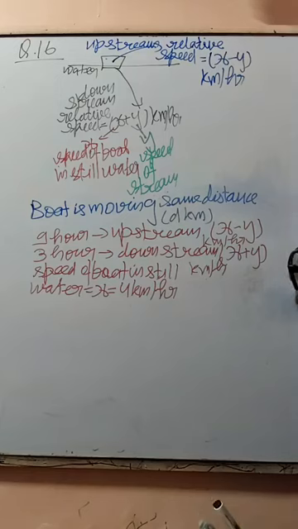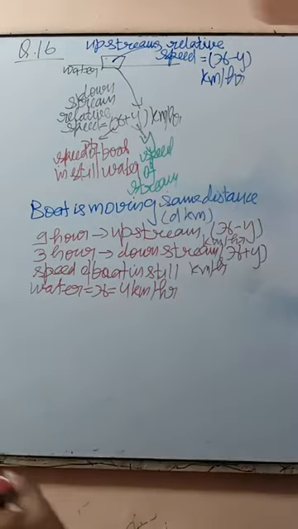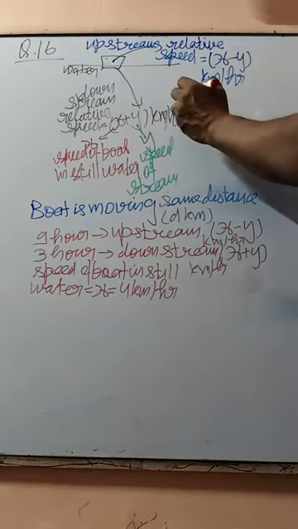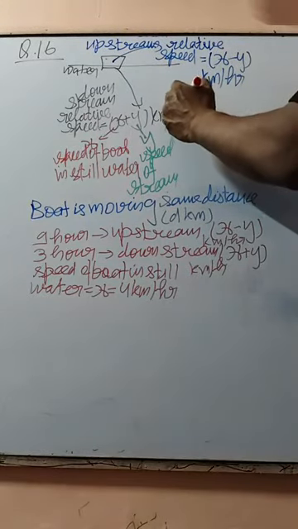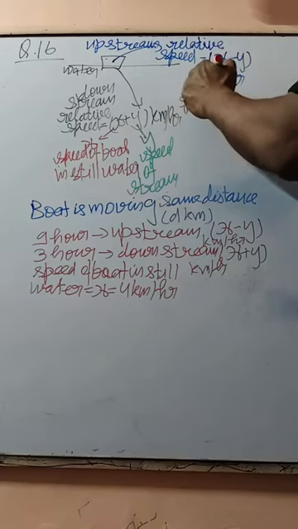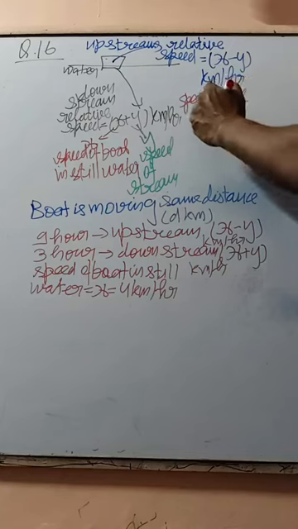Okay, so we have a general formula. Speed is equal to distance upon time.